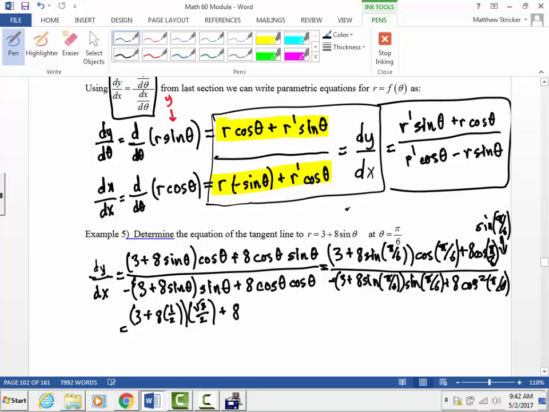Plus 8 times root 3 over 2 times 1/2, over negative 3 plus 8 times 1/2 times 1/2, plus 8. Cosine of pi over 6 is root 3 over 2, squared.